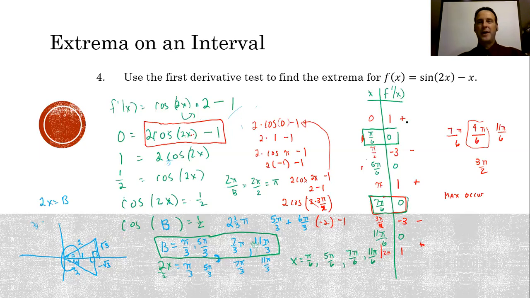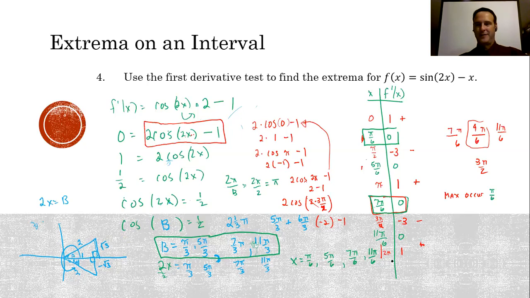And so when you go from positive to negatives and then positive negatives, you have some maxima. So maxes occur at pi over 6. Okay. And it looks like we're adding pi every time. If I were to say, what's the difference between pi over 6 and 7 pi over 6? We're adding sets of pi. So if you were to add another pi to this, I'm thinking that you're probably going to get your next answer.